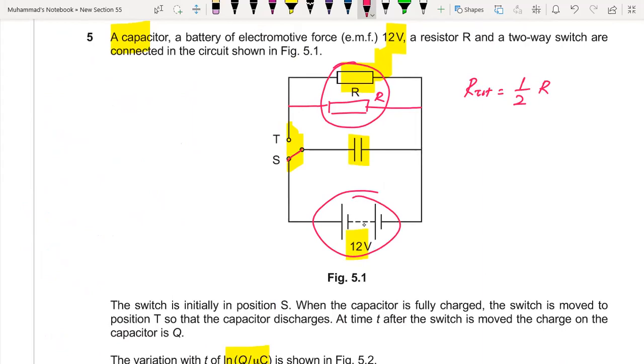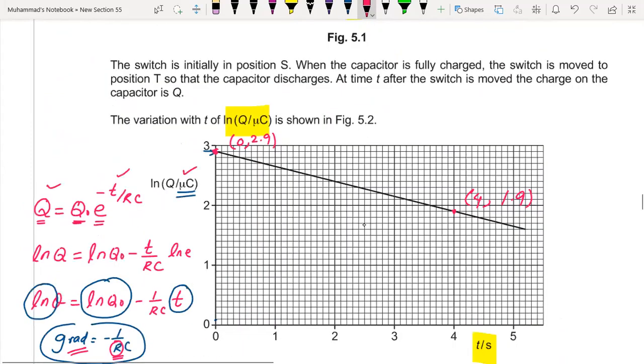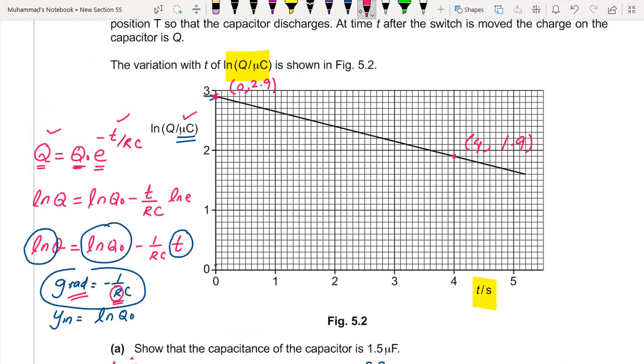And as the resistance has decreased, the capacitor will discharge faster. So the graph will pass through the same initial point, but the gradient will become 2 times the previous gradient. So if we are going to draw it, we have to make the gradient double. For example, for this value of 4 seconds, the run is same, but the rise in the second case will be double.